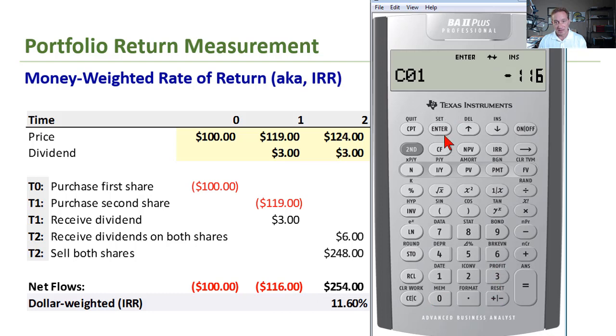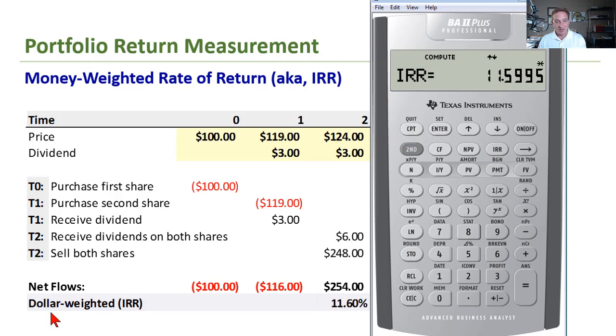Negate it, enter. The frequency is only 1, so I skip that, and then I go to the second period, which is 254, but that's positive. I enter that, and I'm ready to retrieve the internal rate of return, which is the dollar weighted return, by just hitting compute. The calculator does it for me.